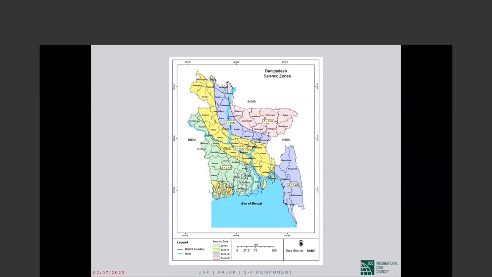I think the table is talking about Gazipur, the town or the city. And if they have said 0.2, I would assume that the town itself is in zone two.